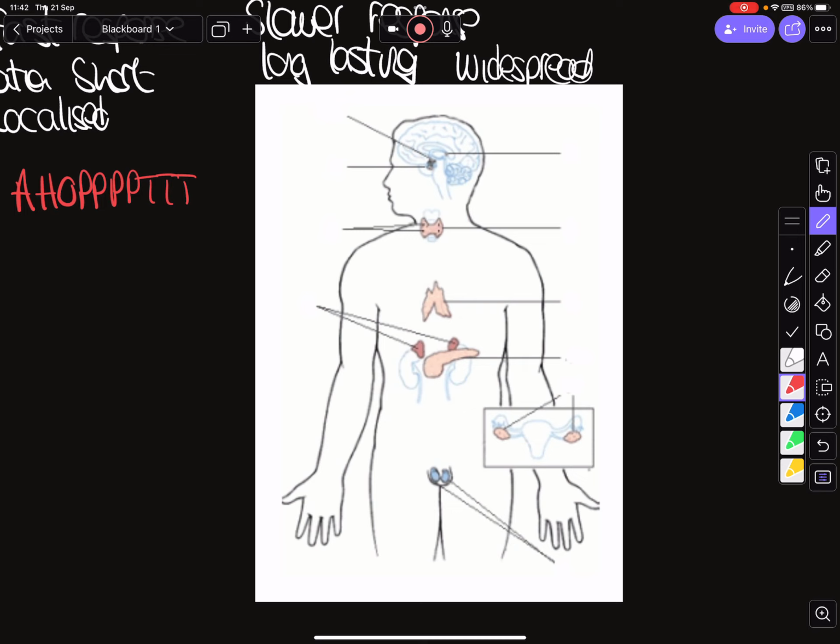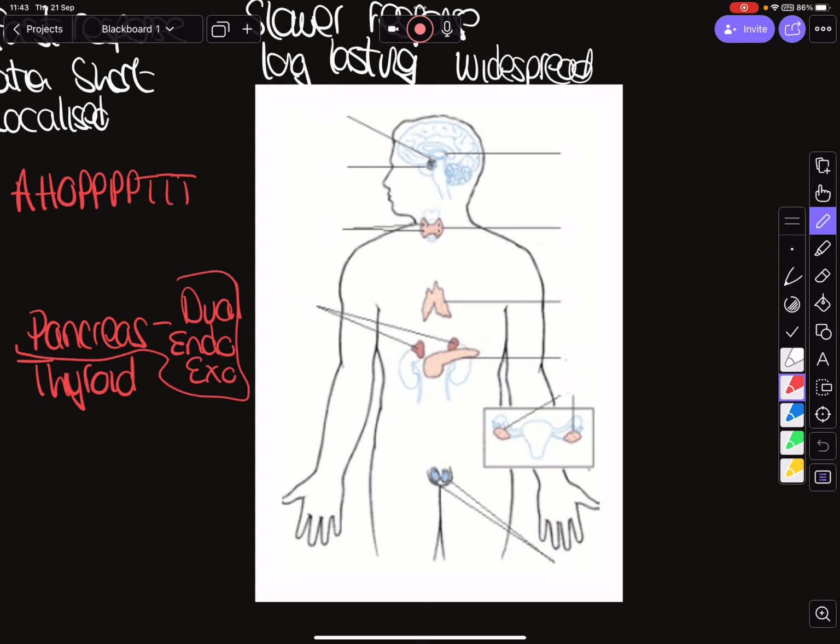Usually the most important ones that we're interested in will be the pancreas and the thyroid, because this has a dual function. It's both an endocrine and an exocrine gland. So that's why this is important, your pancreas.